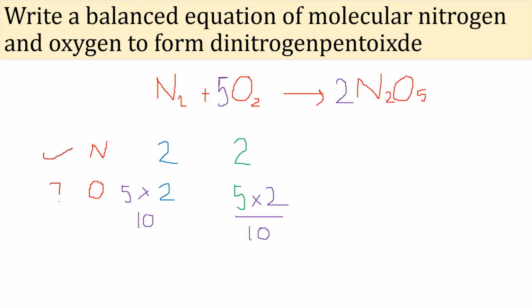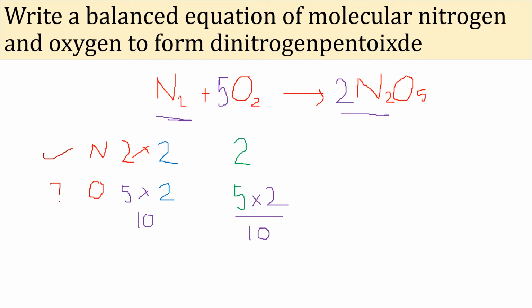But now if we see, there are 4 nitrogen on the product side and there are only 2 nitrogen on the reactant side. So what can we do in this step? We can multiply the reactant by 2, as we already know that there are 4 nitrogen atoms on the product side, right?